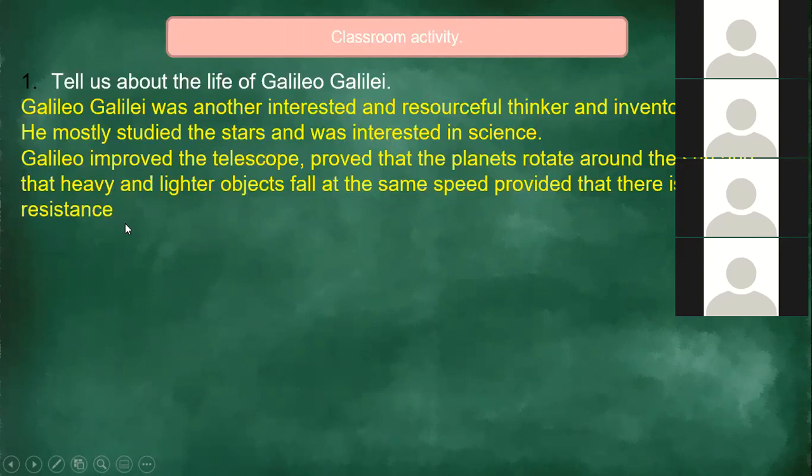He improved the telescope, and proved that the planets indeed rotate around the sun, and then that heavier and lighter objects fall at the same speed, provided that there is no air resistance.